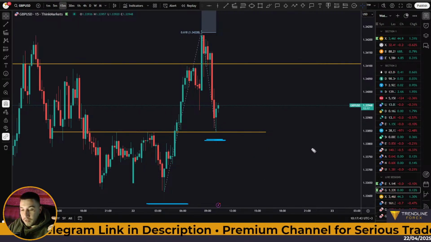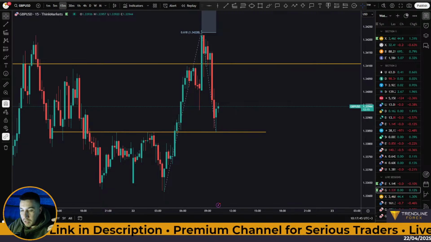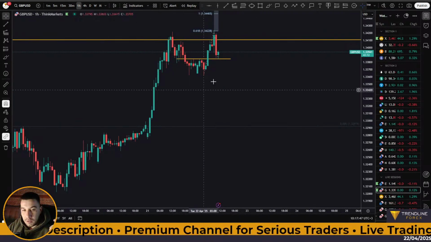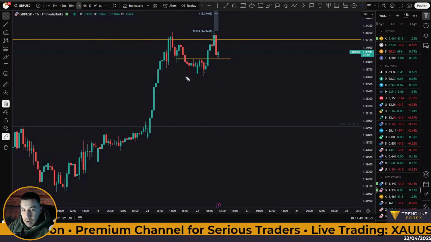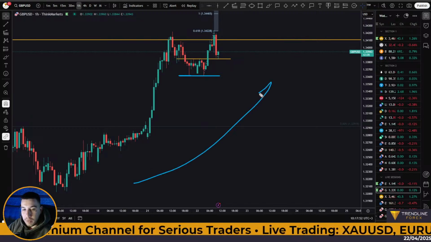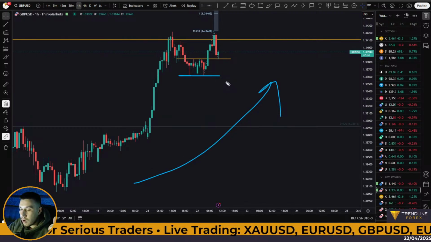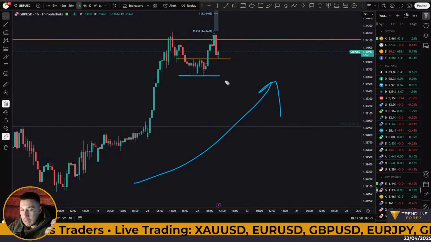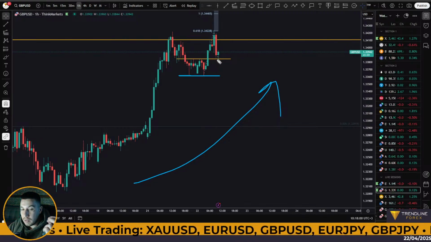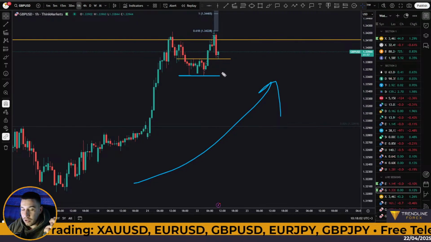But this is only the 15-minute time frame. And if you look at the 1 hour time frame, even if price breaks below this, we're still going to be in an uptrend, which means this is not really the level where you know that your idea is wrong. Okay, and this is exactly what I said in the beginning of the session.